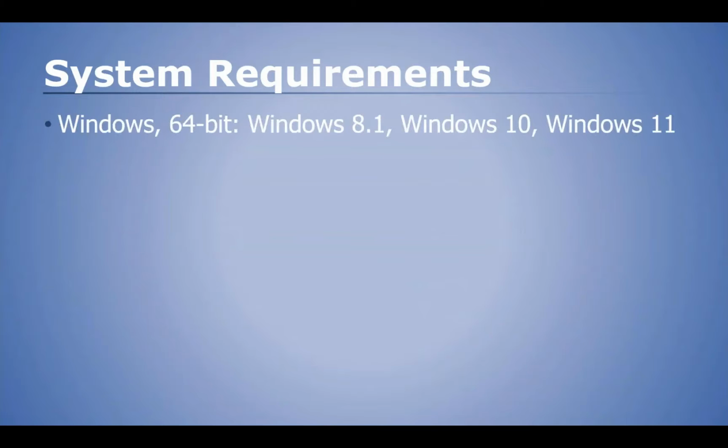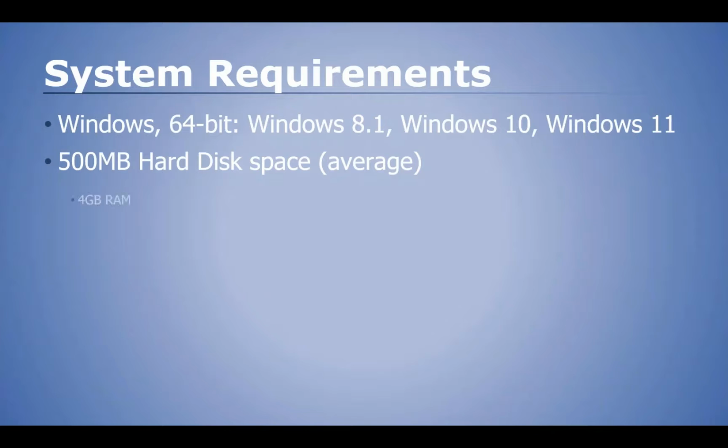In terms of system requirements, Stardraw Design 7.3 is a Windows application and it is exclusively 64-bit. We support the versions of Windows that Microsoft supports, so currently that's 8.1 through to Windows 11. In terms of hard disk space, this somewhat depends on the manufacturer libraries that you choose, but about half a gig is normally okay.